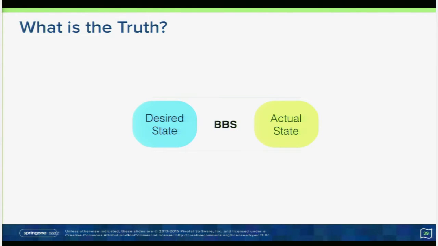So there's two ways that this actually happens. One, you have events that get published. And so when I say the receptor tells the BBS about some desired work, that's an event that gets fired and captured by the BBS. When the rep tells the BBS about some actual work that's running, that's another event that's being captured and stored. Now, we all know, if you've spent much time with these types of systems, that sometimes events get lost.